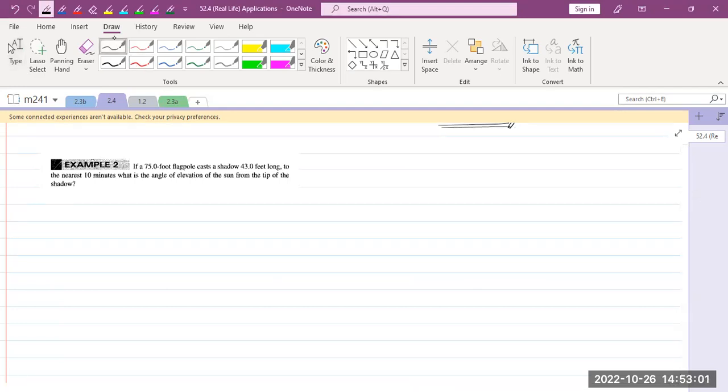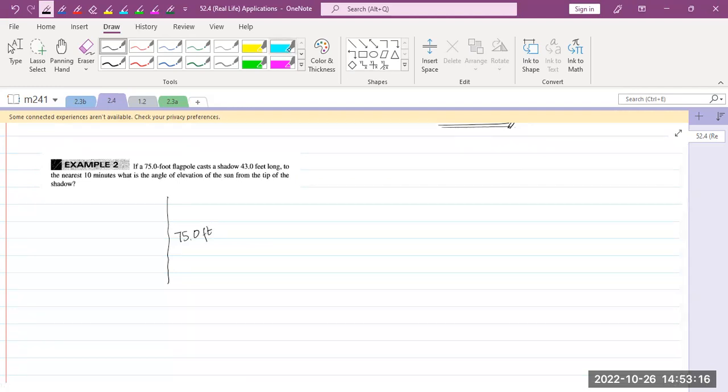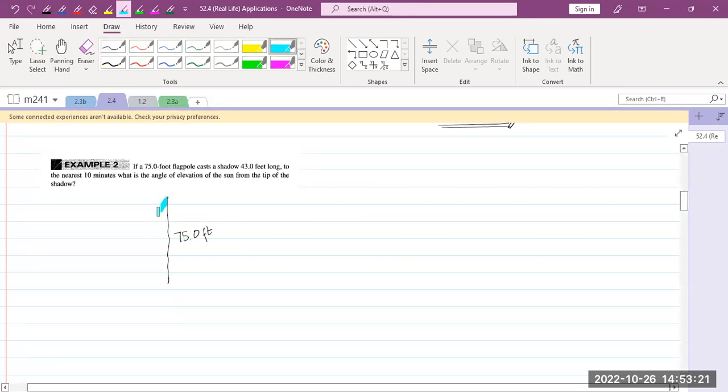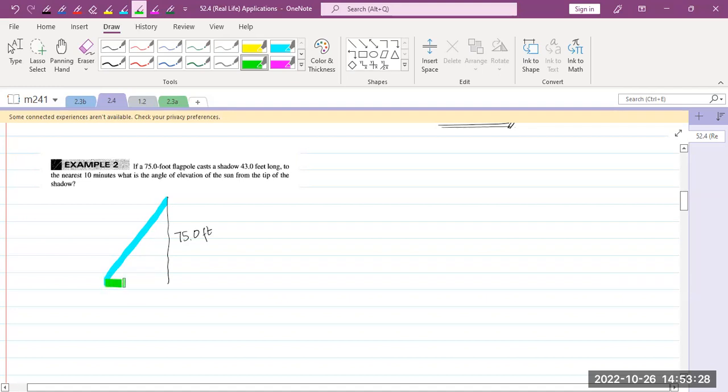A 75.0 foot flagpole. So you have a flagpole. Let's say this is the flagpole. This is 75.0 feet. It casts a shadow with length 43.0 feet.